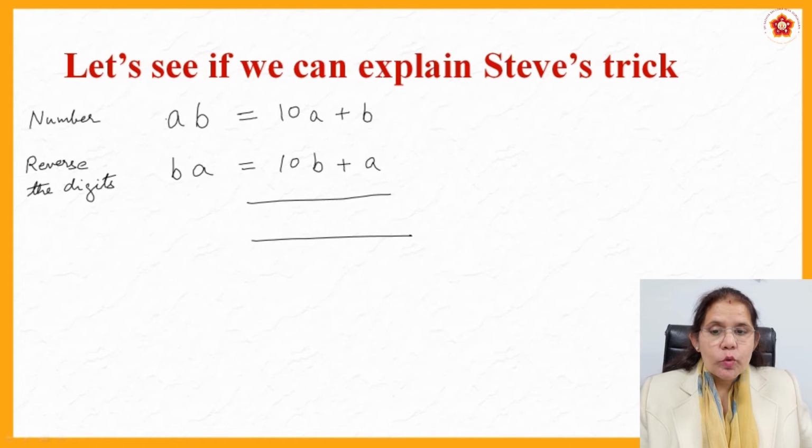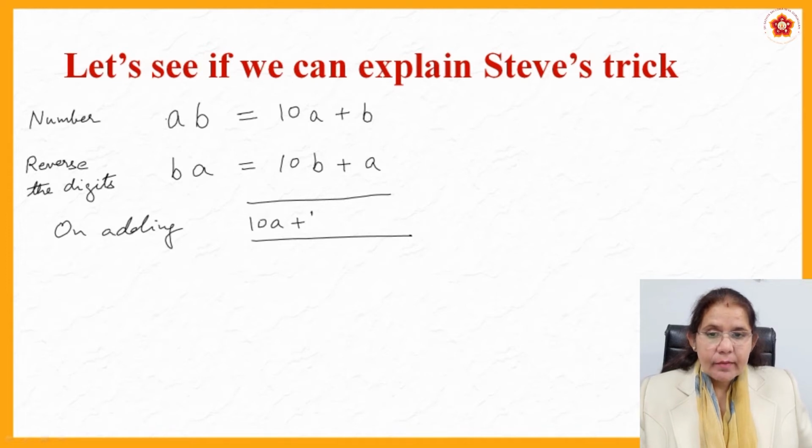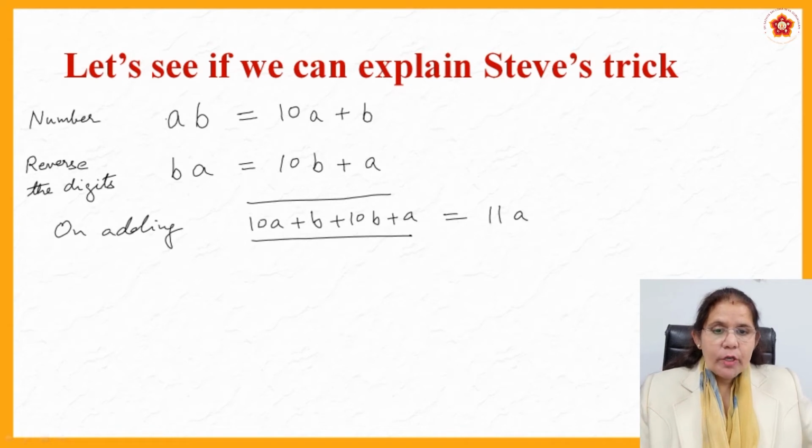Now add these two. When we add these two, what do we get? We get 10A plus B plus 10B plus A. This will actually be 11A plus 11B.